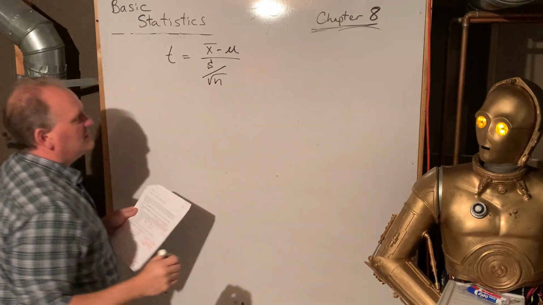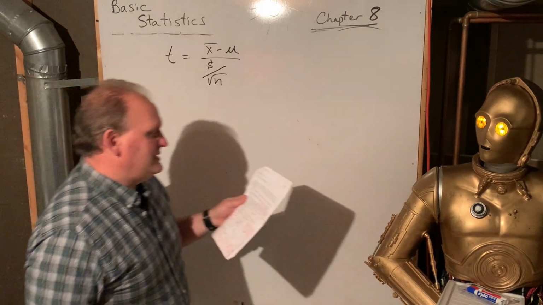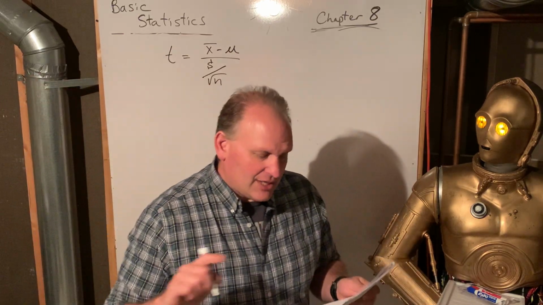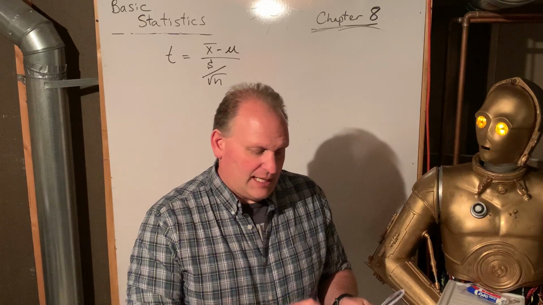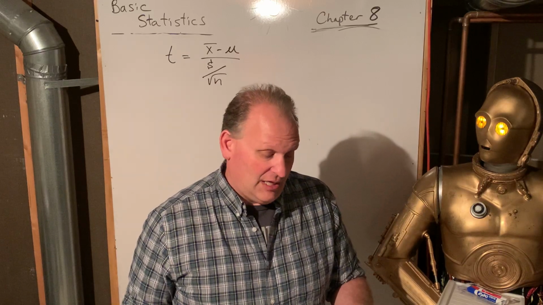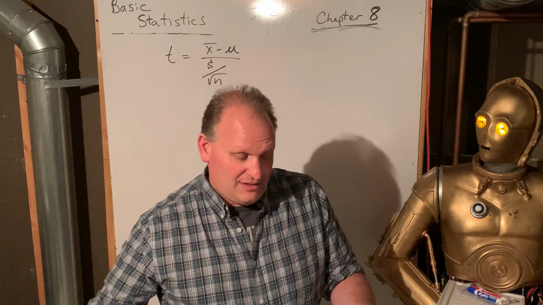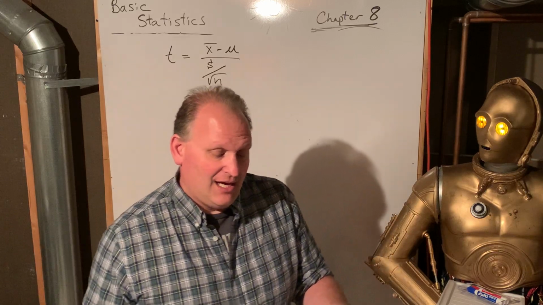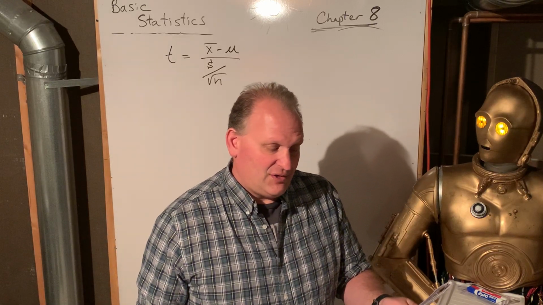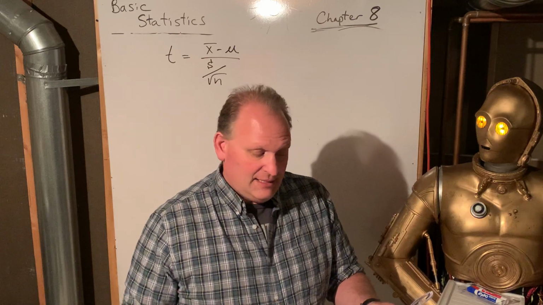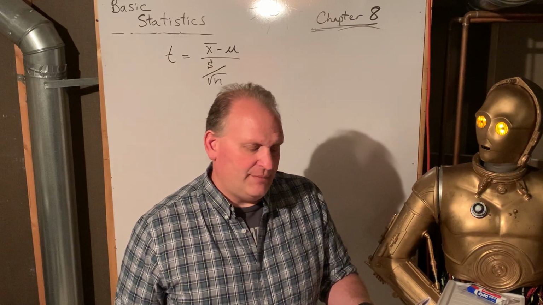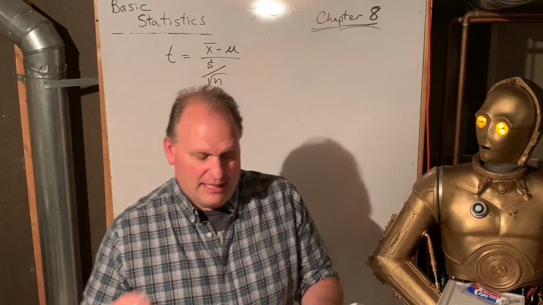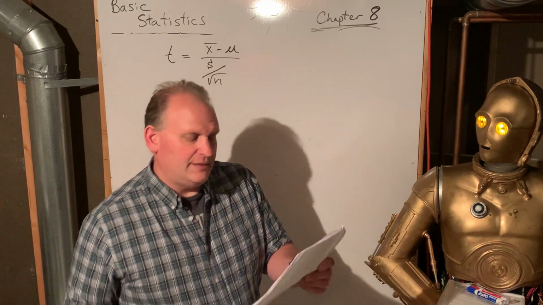So it looks very, very similar to the z. It's just the cutoff point is going to be different on our graph. That's all. So you find t almost the exact same way that you find z. It's just your critical value on the curve is going to be different.